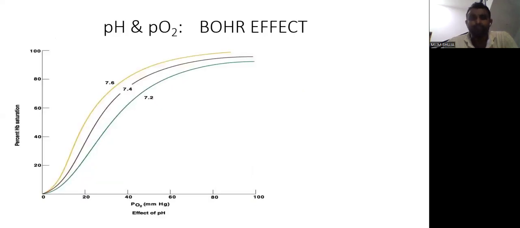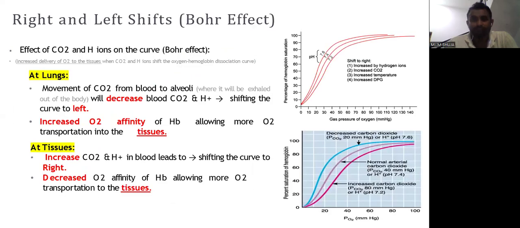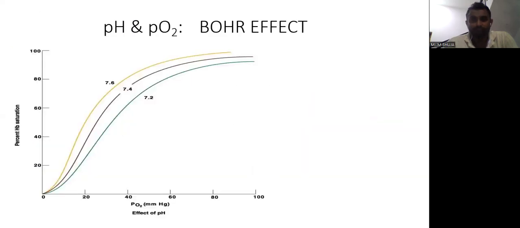This graph shows how the reduction in the pH, that means increase in the acidity, causes a right shift of the oxygen dissociation curve.